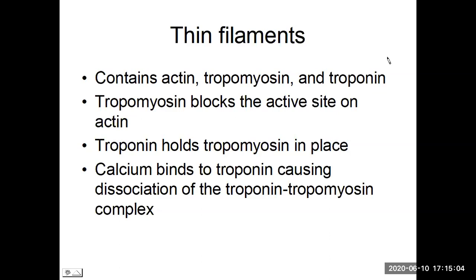Taking a closer look at each of the myofilaments, there's the thin myofilament. And we, again, described how there's 3 components, and here they are. The majority is composed of actin. Wrapped around the actin is the tropomyosin. And in turn, connected to that is troponin.